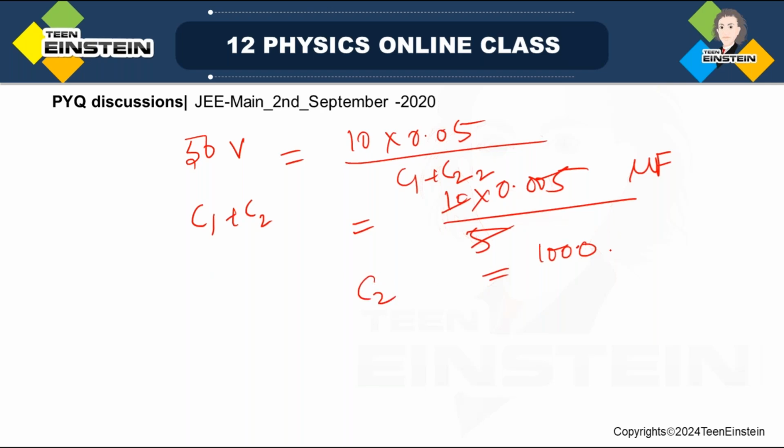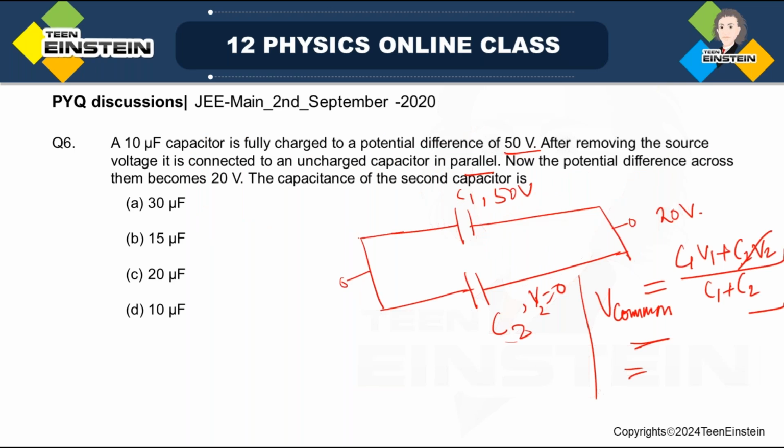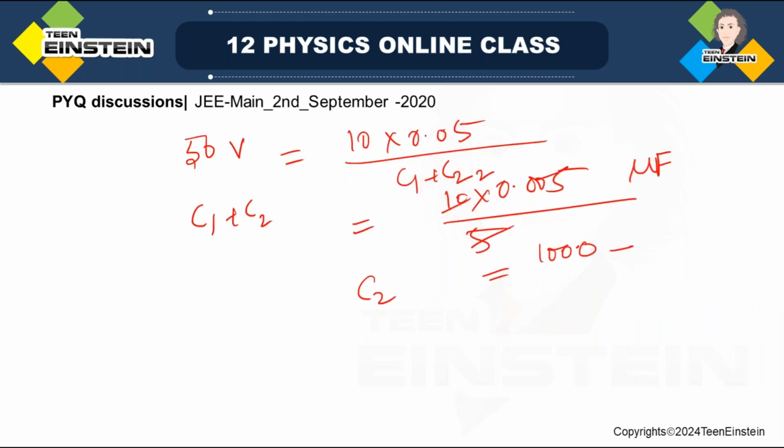C2 will be, what is this? That is, common potential is becoming actually 20, not 50.